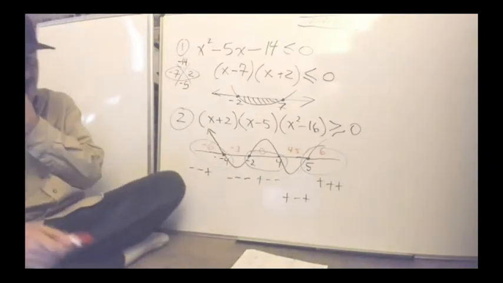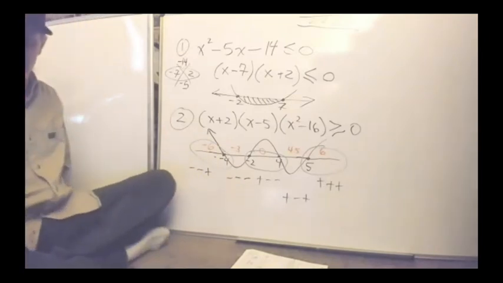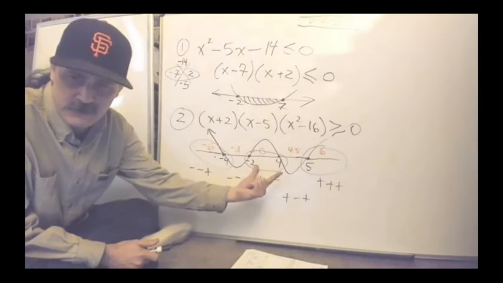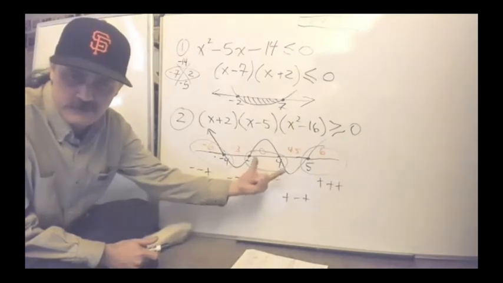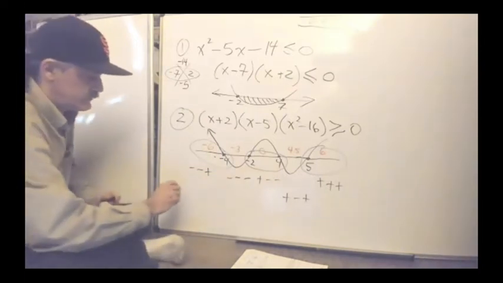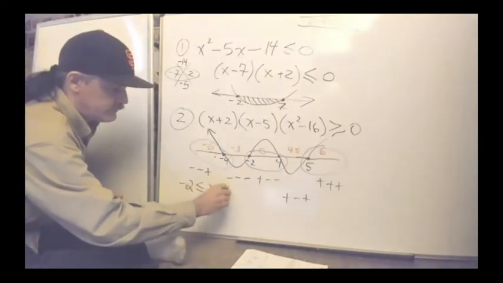Okay, so we got a good bit of an inequality statement we got to make. All right, so first, I'm going to write the compound inequality that's going to represent between -2 and 4. So -2 greater than or equal to, and then 4.